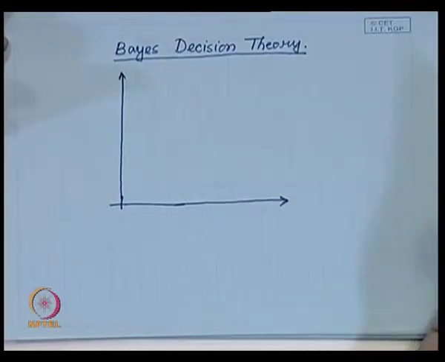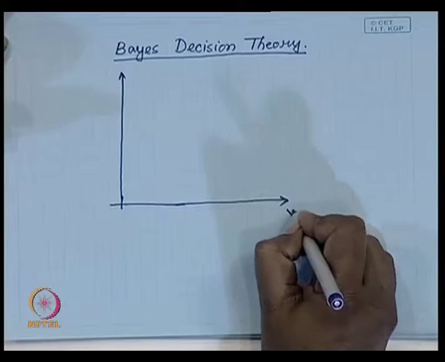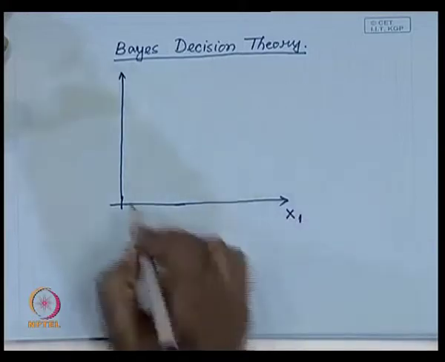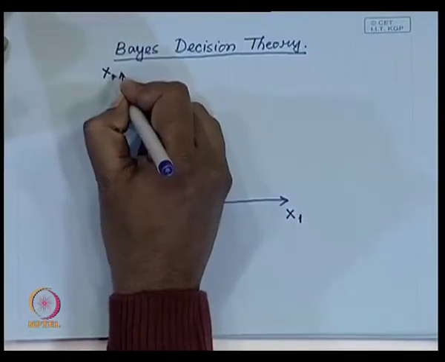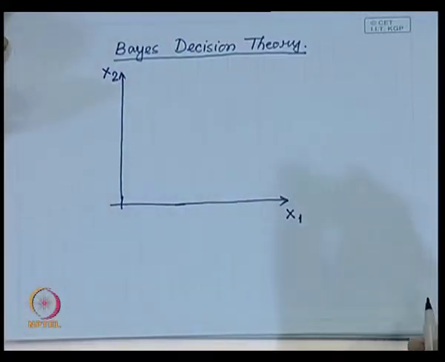As the dimensionality increases, the complexity also increases, so I may not be able to plot them on a 2 dimensional plane. That is the only reason I am illustrating this with the help of 2 dimensional feature vectors. So, suppose my 2 dimensional feature vector has 2 components, one is x 1 and the other one is x 2. So, these are the 2 components of my feature vector.